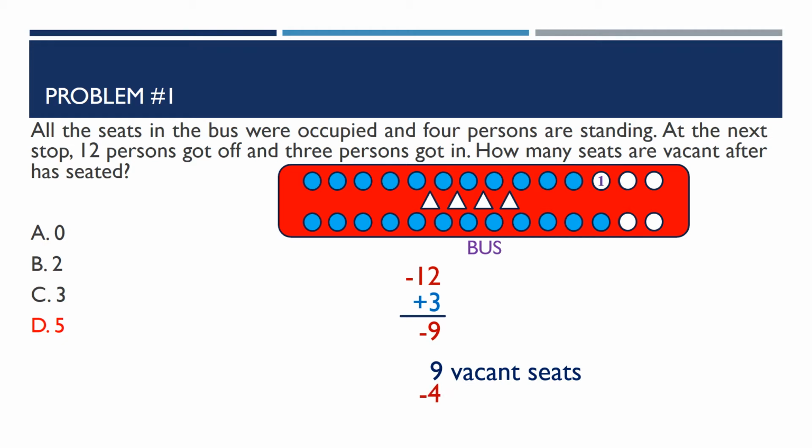So all in all there are 1, 2, 3, 4, 5. There are 5 vacant seats. So even if we don't know the total capacity of the bus, we're still able to know the number of vacant seats based on the given problem.